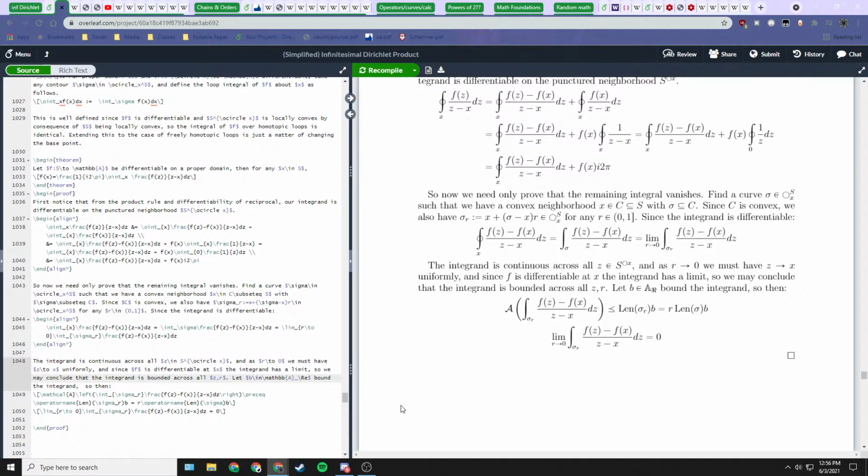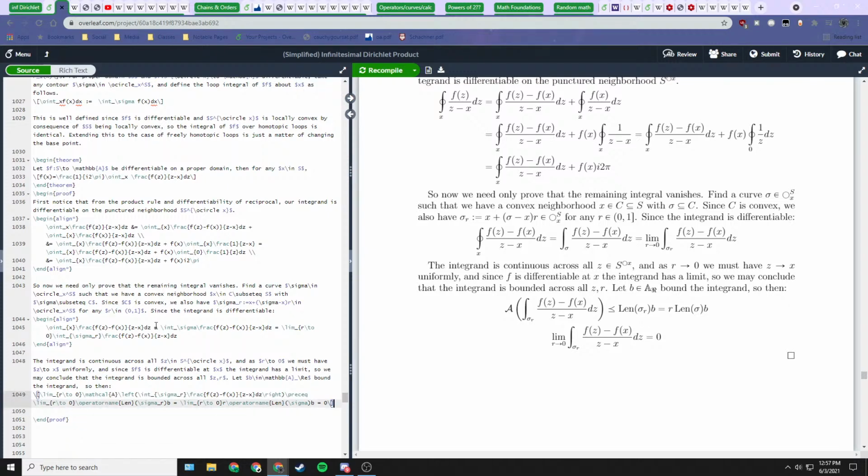So we can say let b bound the integrand, so then we have this approximation, and then this limit goes to 0. We could also do it like this: this limit is bounded by the limit of this, which is just this, which is 0.